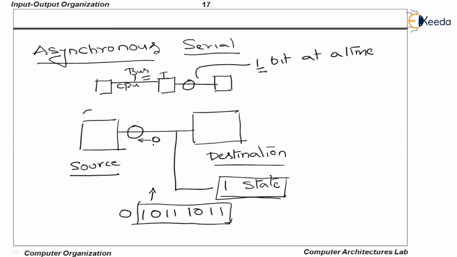But the moment it receives a 0, the destination understands that a transfer has been initiated. Then it starts accepting the byte right after this 0 digit. This 0 digit is not a part of the byte, so it receives the 0 and throws it off, because it is the starting digit to say that the transfer has been initiated.